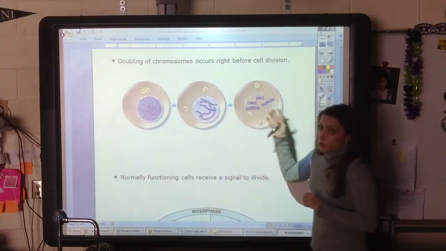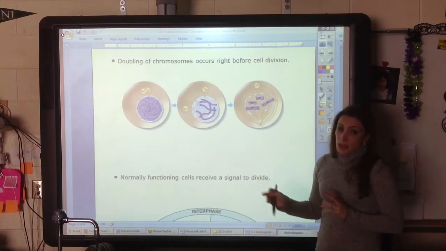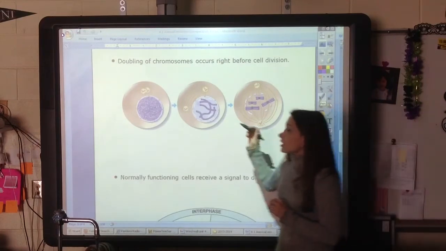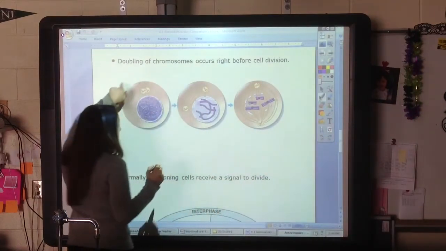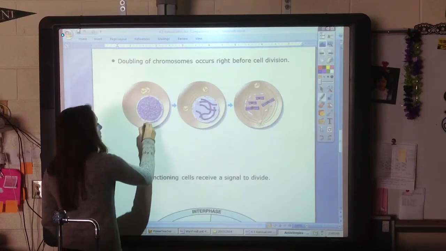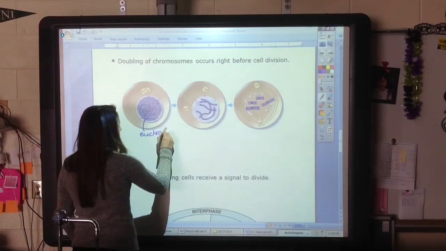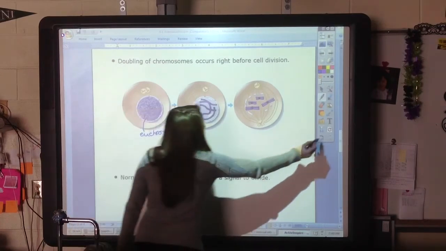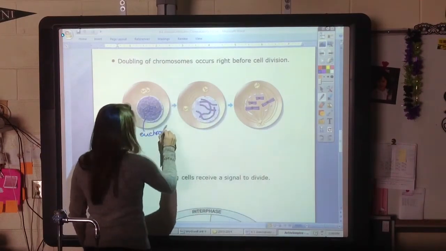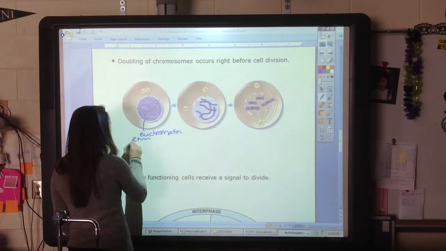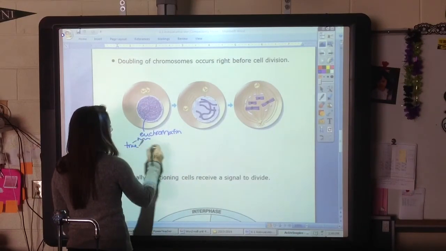We want to look a little bit closer at what the DNA might look like in different instances. For example, if we see a cell with DNA that looks like this, this is actually called euchromatin. And you might recognize the prefix "eu" as meaning true.